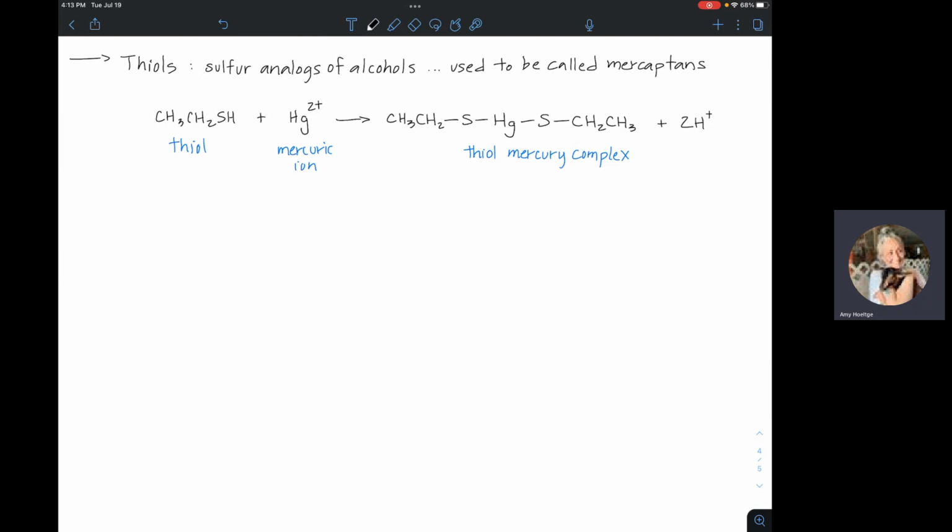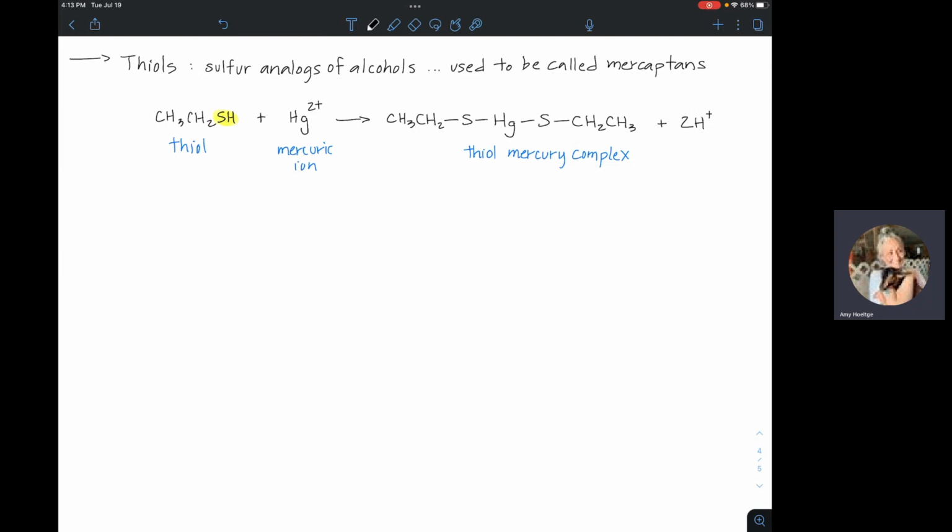sometimes in the nomenclature. So, just so you're aware of where it comes from, thiols are usually just named by adding the suffix thiol to the name of the parent hydrocarbon. So, it's pretty easy, right? If there's a second functional group in the molecule, then you identify it by its suffix and the sulfhydryl group. That sulfhydryl group, that SH instead of hydroxyl, can be indicated by its substituent name, mercapto.